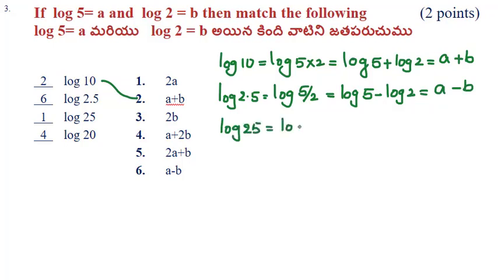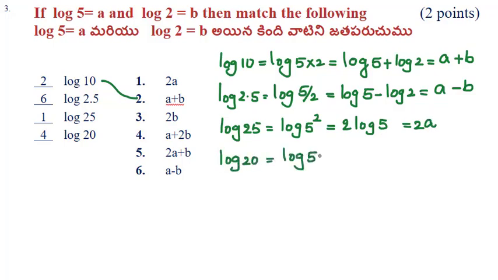So log 25 can be written as log 5 square, log x power m formula, m log x. So 2 log 5, that means 2 into log 5 is A. So answer is 2A.